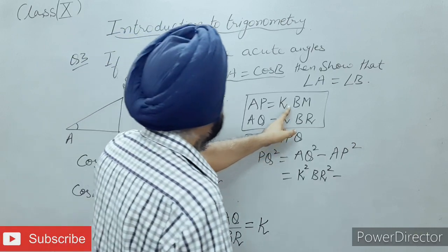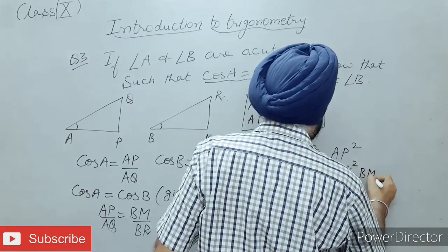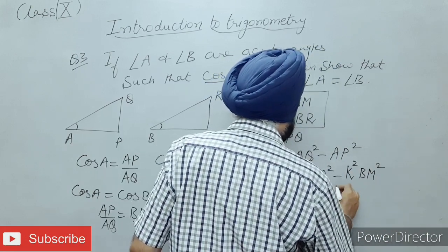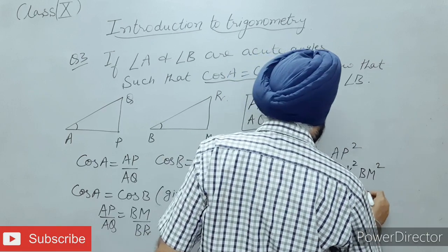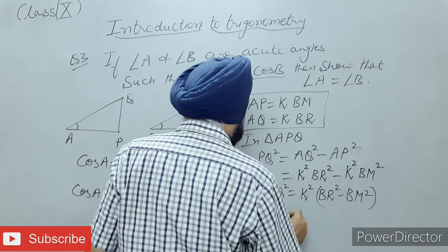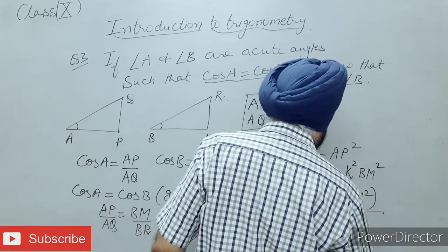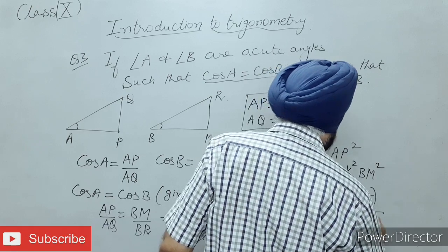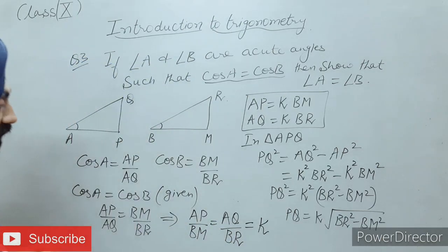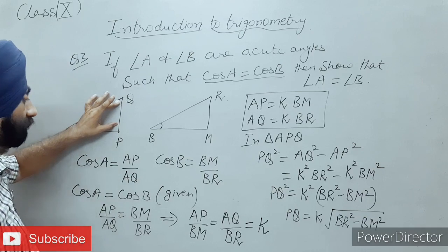AP is K times BM, so K square BM square. K square is common, BR square minus BM square. This is PQ square. So we get PQ equals K times under root of BR square minus BM square. Now, this is the perpendicular of the first triangle.